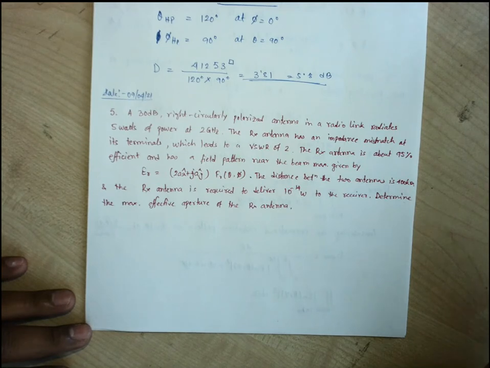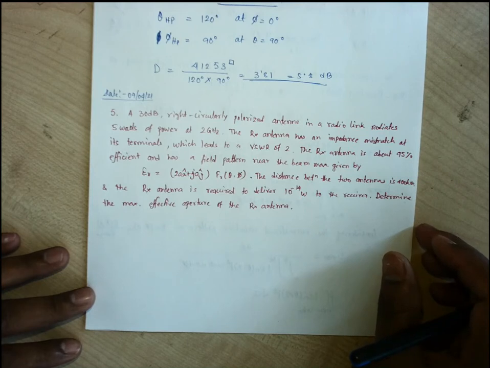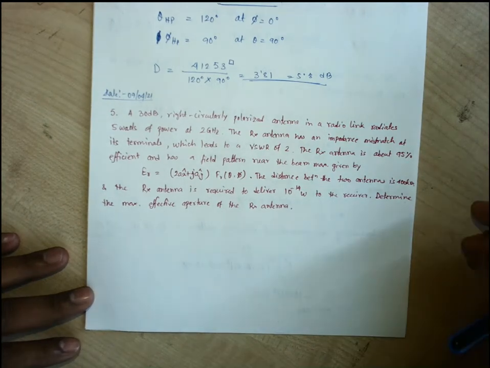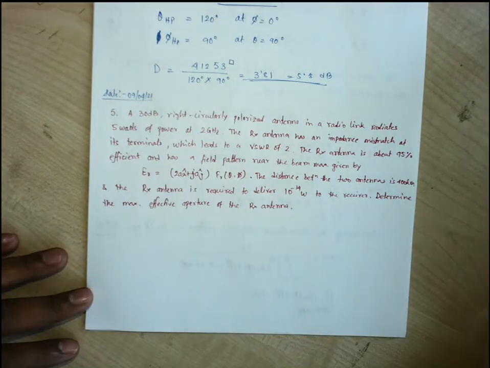The receiving antenna is about 95% efficient and has a field pattern near the beam maximum. The direction where it has the beam maximum is given by E_R of this expression. The distance between the two antennas is about 400 km, and the receiving antenna is required to deliver 10 to the power minus 14 watt to the receiving section, the receiver circuitry where it has been connected.